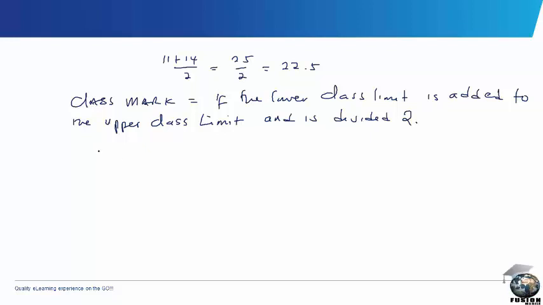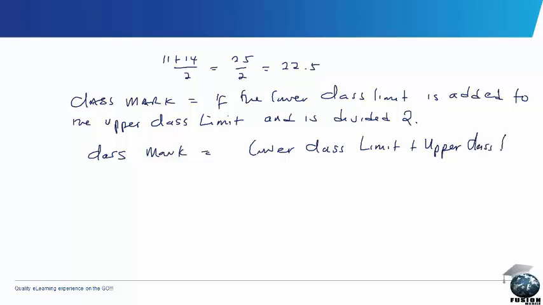And so we are saying that class mark is equal to lower class limit plus upper class limit, and then divide by 2.